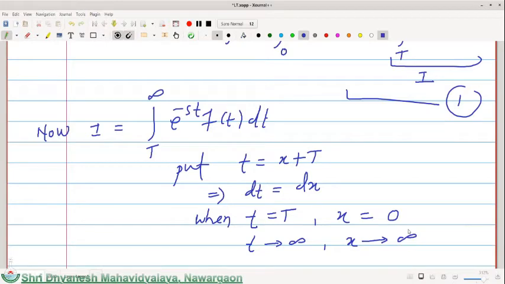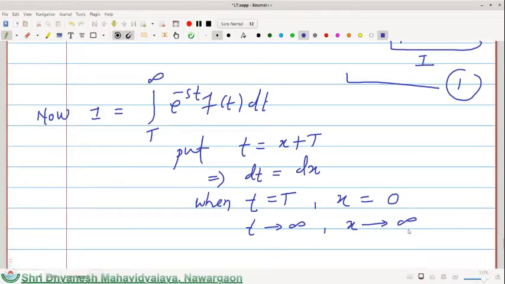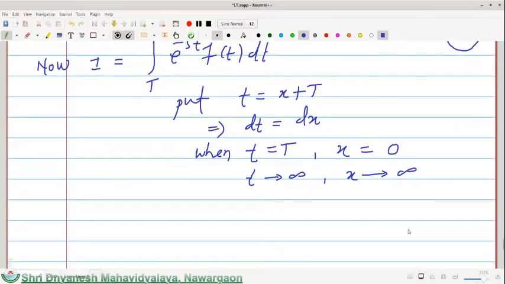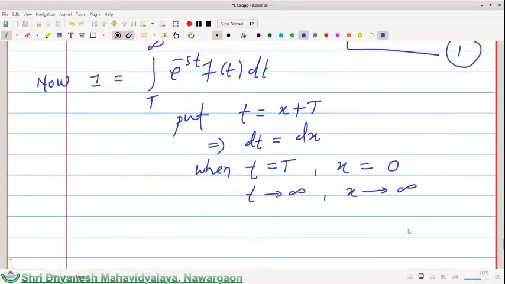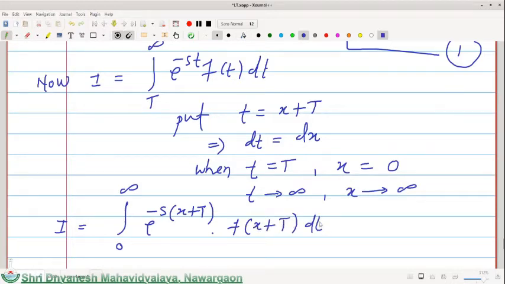This is much better than writing an equals sign. So what does this integration become? I is integration from 0 to infinity e to the power minus s times x plus T, into f of x plus T, dx.